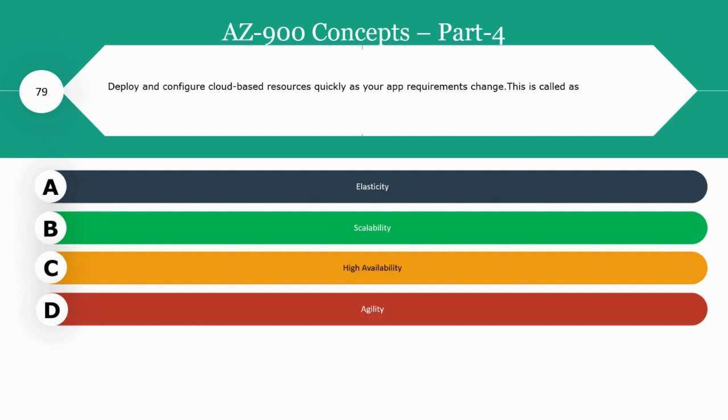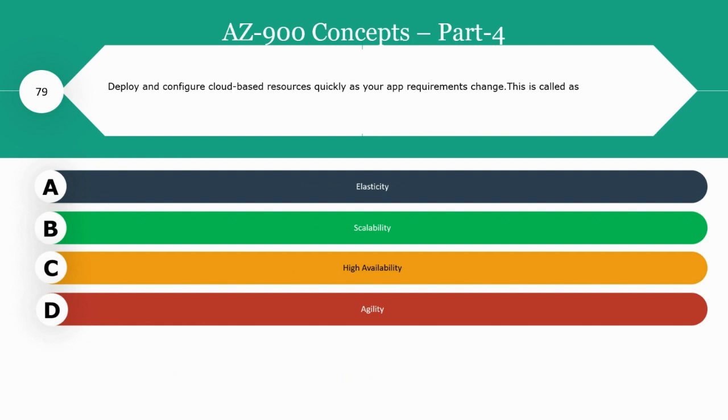Next question is deploy and configure cloud-based resources quickly as your app requirements change. This is called elasticity, scalability, high availability, agility. Reading again, deploy and configure cloud-based resources quickly as your app requirements change.